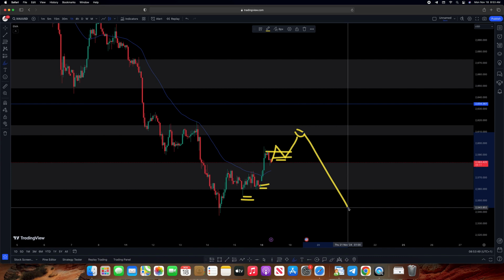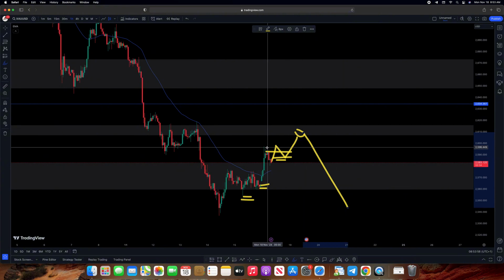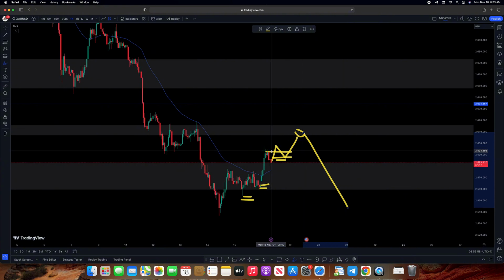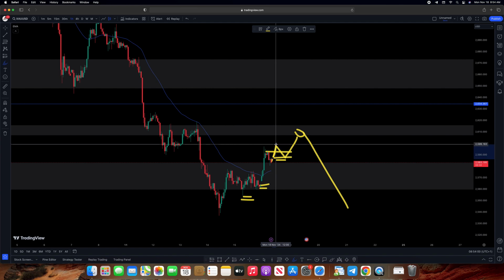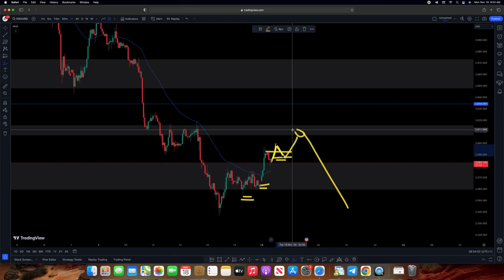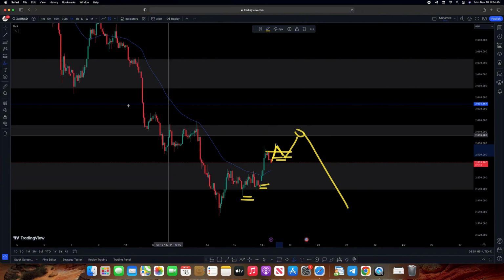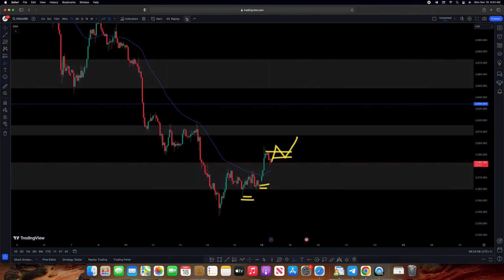If gold still wants to sell. So this is the best setup I would like to take. If it goes to take out here, then comes back, then I target this zone. I believe that we get to this zone. But if gold continues selling, comes back to this area, as I said, I will buy.